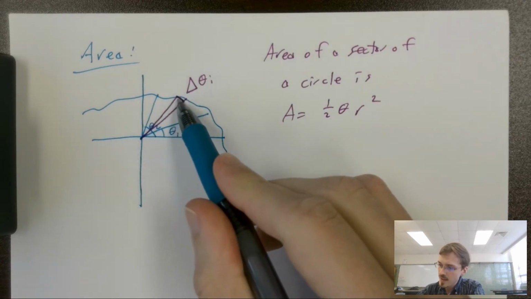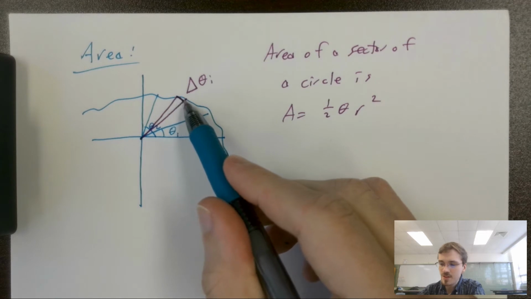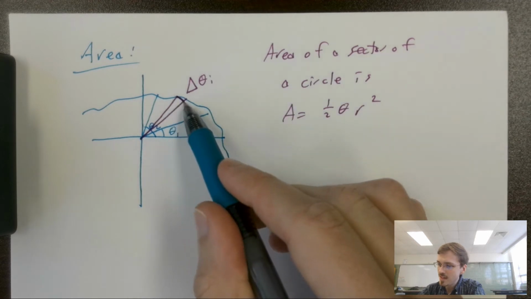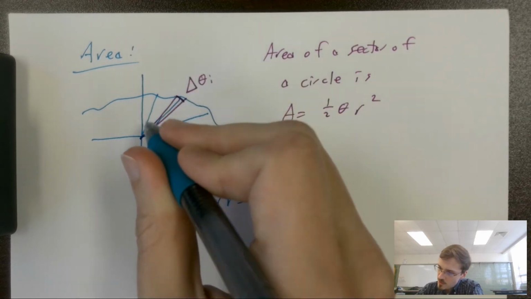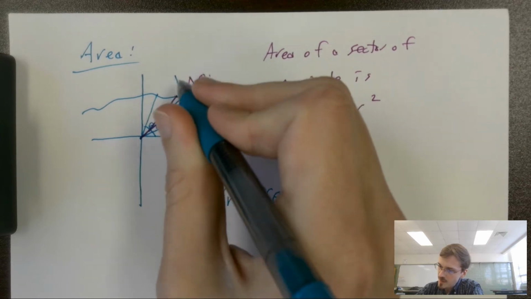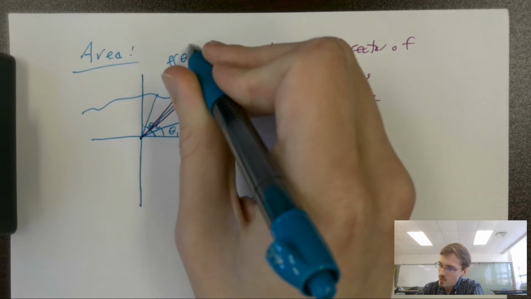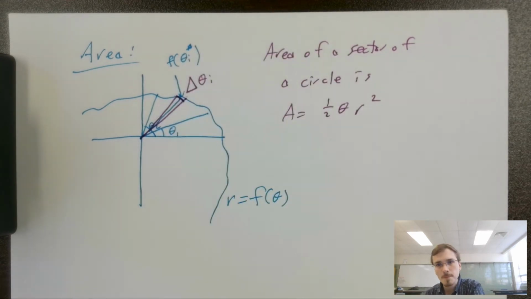So I know that we can approximate the area of this little piece of my region by instead approximating it with the area of this sector, where the radius of my sector is given by f evaluated at some point theta i star on this interval.